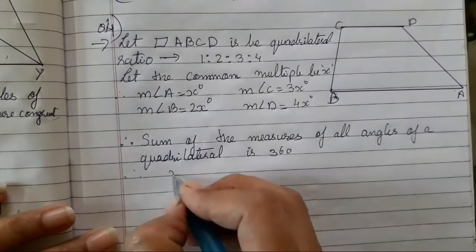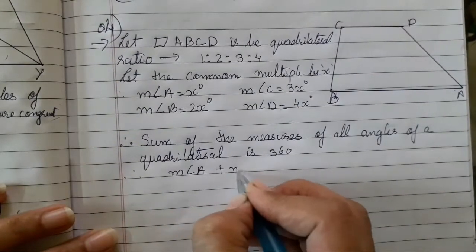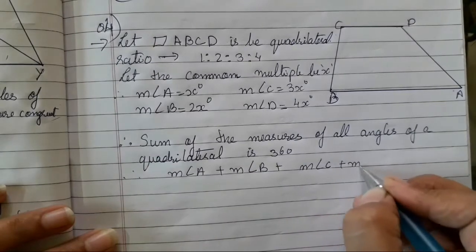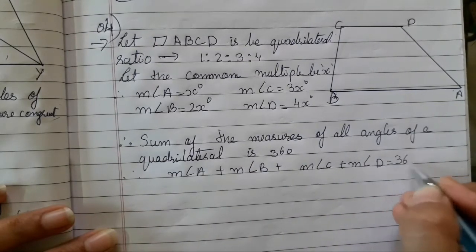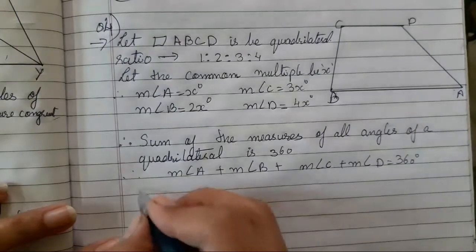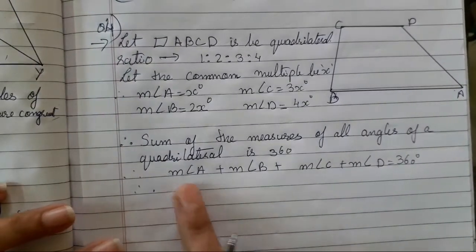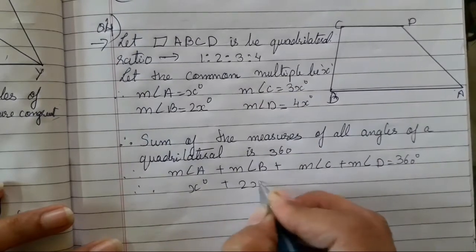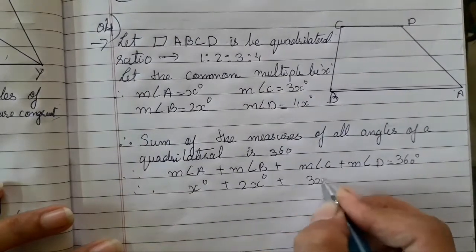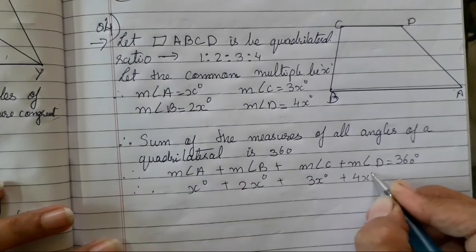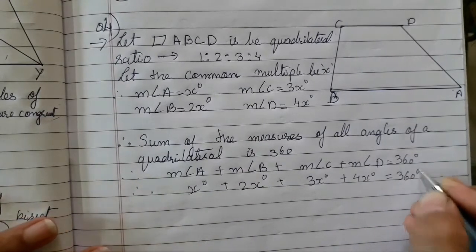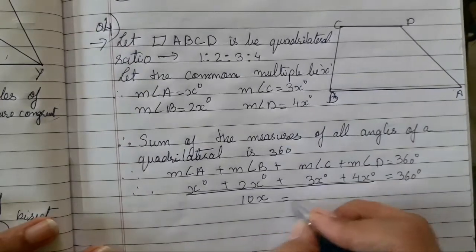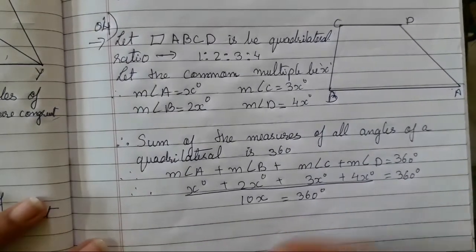Okay, therefore measure of angle A plus measure of angle B plus measure of angle C plus measure of angle D is equal to 360 degree. Therefore, now whatever values we have written over here, we have to write it: x plus 2x plus 3x plus 4x is equal to 360. So the total of this is going to be 10x is equal to 360.